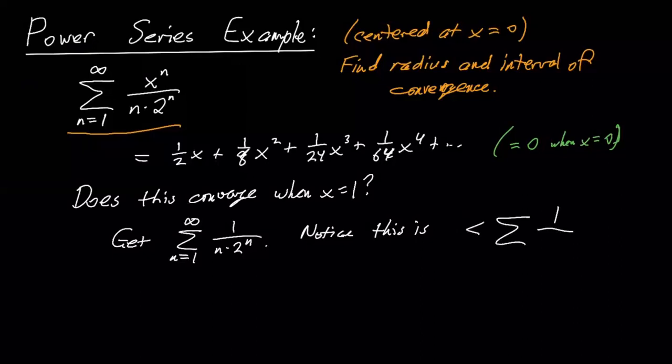just the sum of 1 over 2 to the n. Because for n greater than 1, n times 2 to the n is greater than 2 to the n. So the bottom is bigger, so when it's flipped over, the fraction is smaller, and then the sum is smaller.